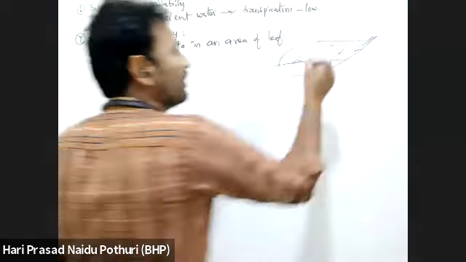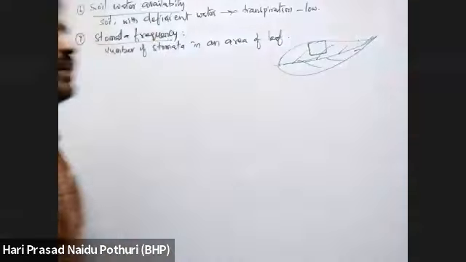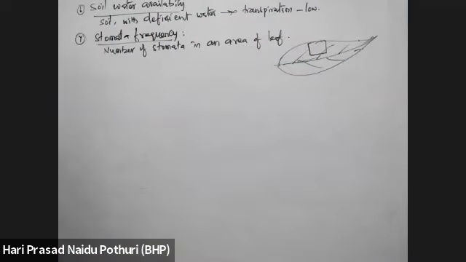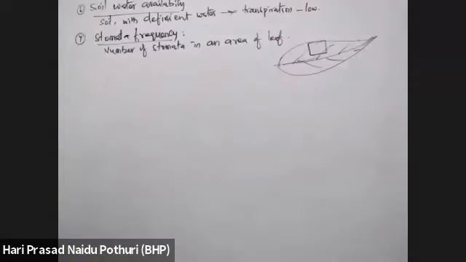On leaf surface, in one particular area, suppose it is 1 centimeter square or 1 inch square, in that particular area, number of stomata present is called stomatal frequency. Number of stomata present per unit of area on leaf surface.